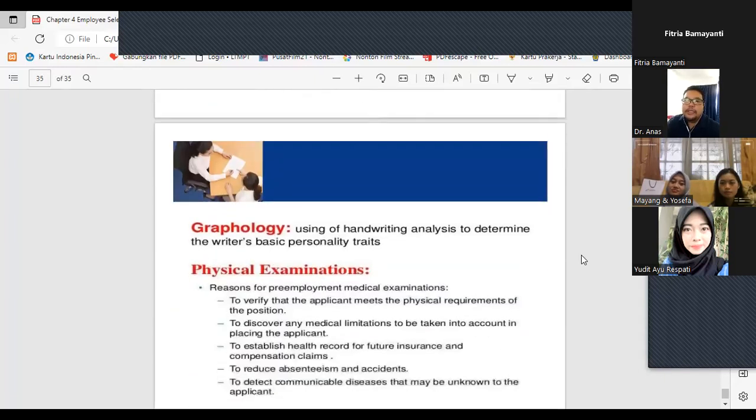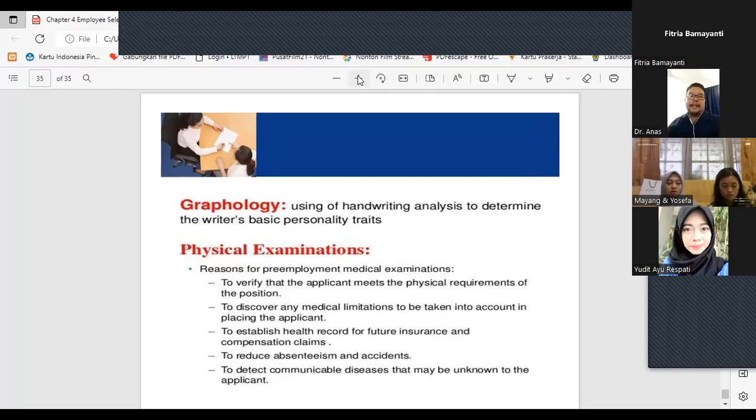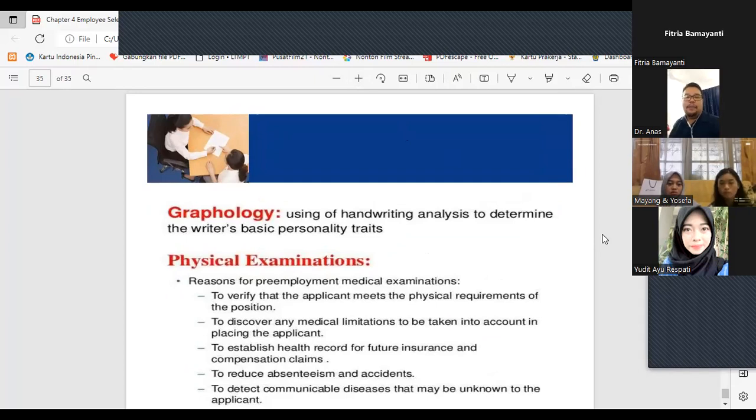This graphology uses handwriting analysis to determine the writer's basic personality traits. Graphology is based on your writing style. Maybe your writing and Endah's and Yusifa's are different, right?